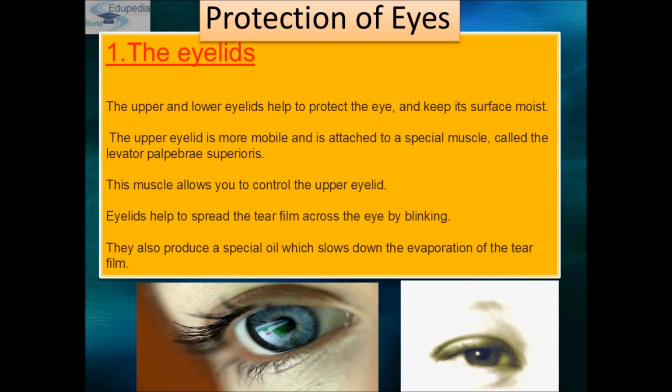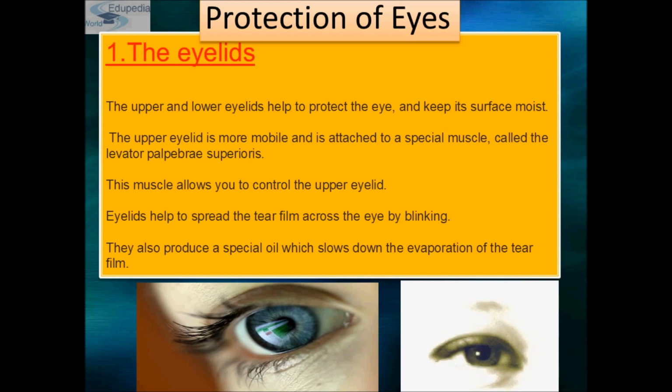This can be both voluntary and involuntary. The human eyelid features a row of eyelashes along the eyelid margins. These are your eyelashes and this is your eyelid, which serves to heighten the protection of the eye from dust and foreign debris as well as from perspiration.